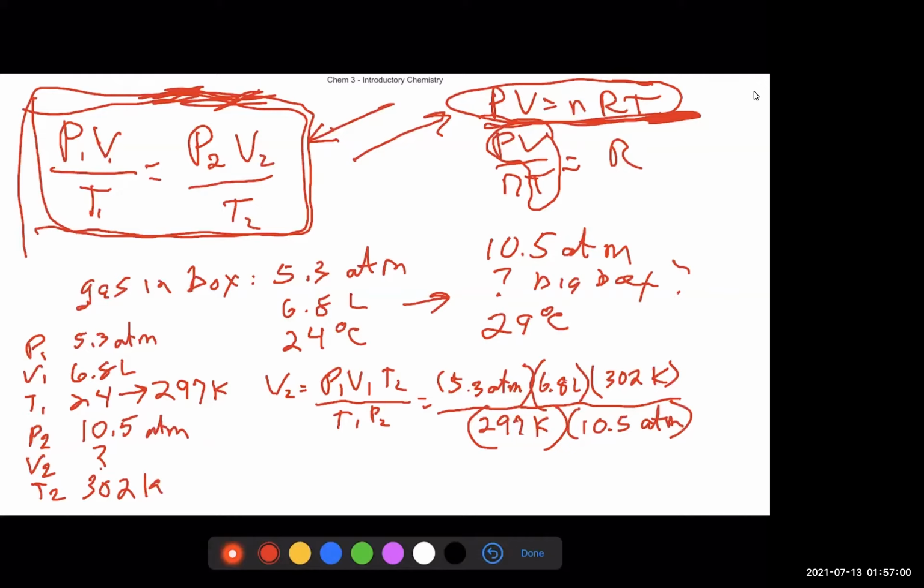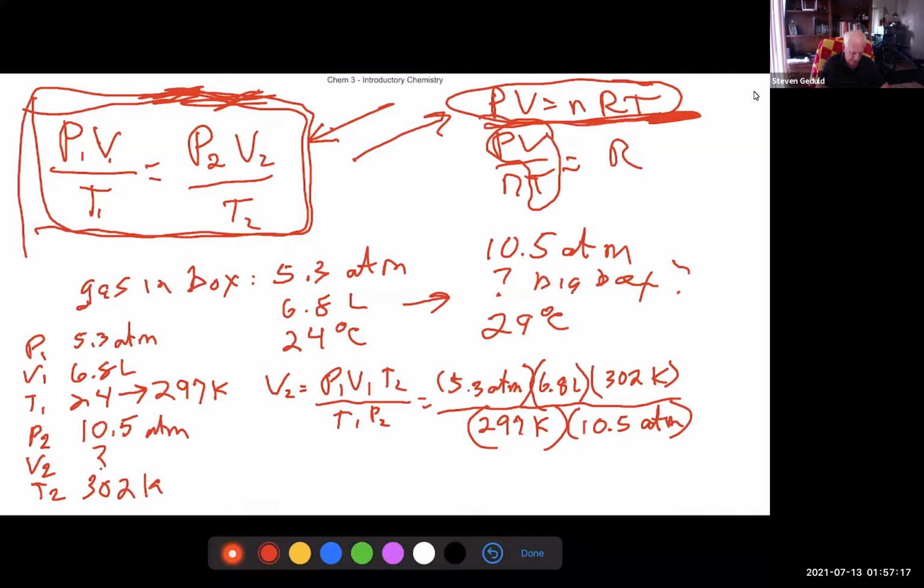5.3 times 6.8 times 302. Divide by 297, divide by 10.5, equals 3.49.